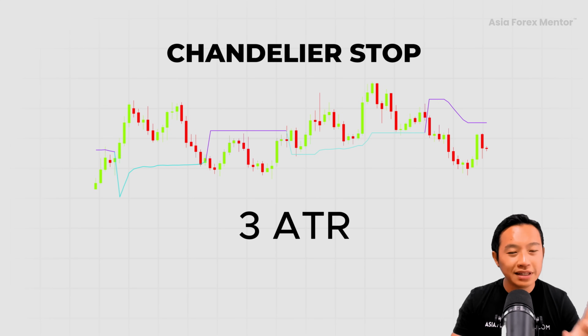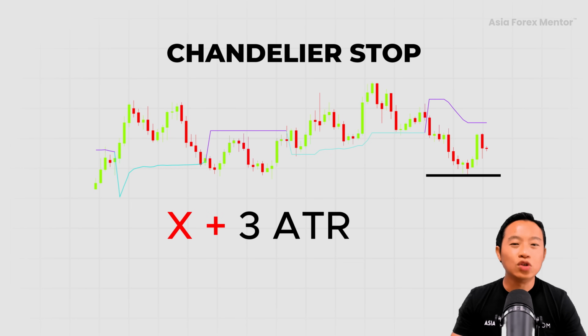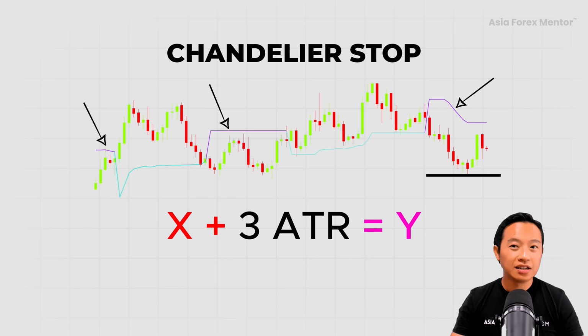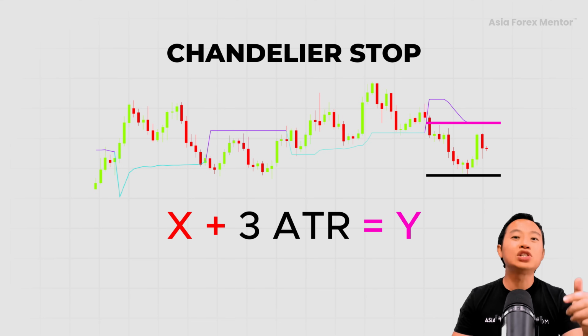From this low point, let's call it X, you add 3 times the ATR. This gives you a value, let's call it Y. So this Y value corresponds to the pink line that you see here. From this high point to the low point is 3 times the ATR.